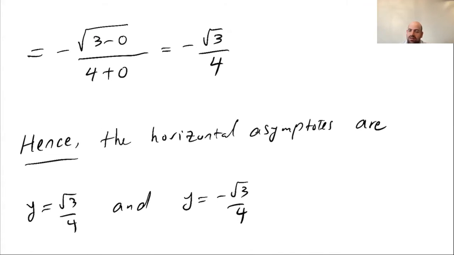The equation of a horizontal line is of the form y equals some constant. This is what you learned in high school, right? So in this case, y equals root 3 over 4 and y equals minus root 3 over 4. These are two horizontal lines which are asymptotes for our function.